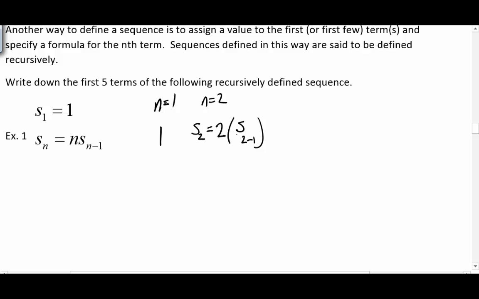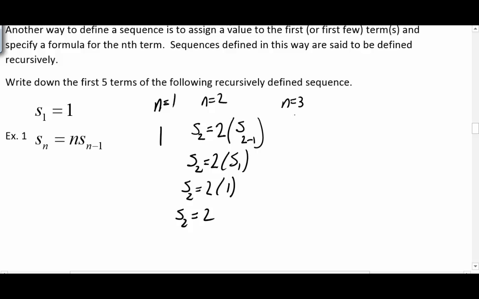So that's 2 minus 1, which is 1. So our second number is 2 times the first number, and the first number in this case was 1. And that works out to be 2.